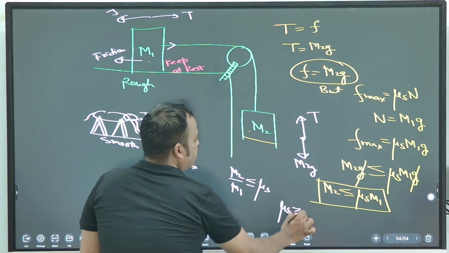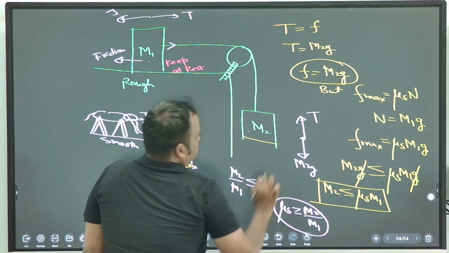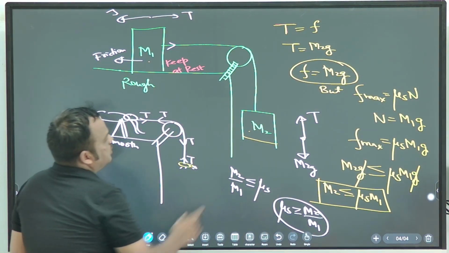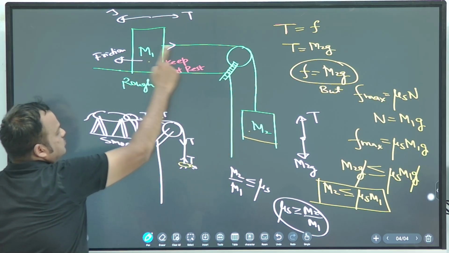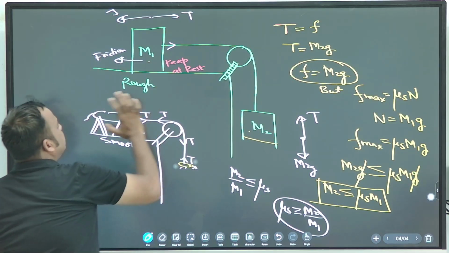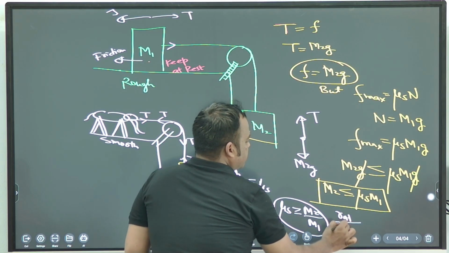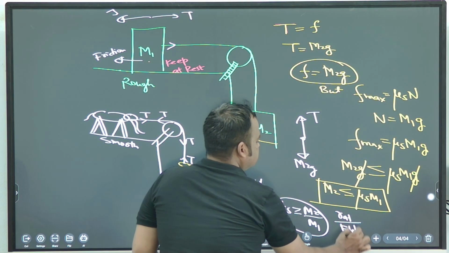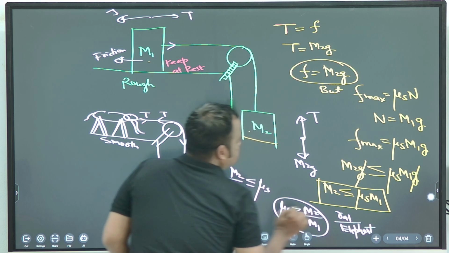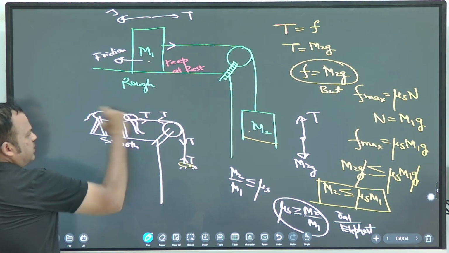Mu s greater than or equal to M2 by M1. You can memorize it like this: rat by elephant, mass of rat by mass of elephant. This mass by this mass.